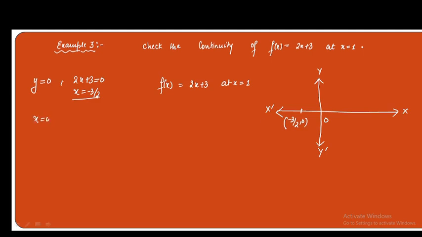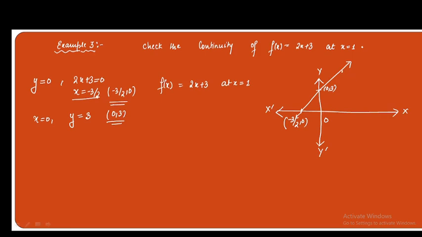You put x equal to 0, then you will get y equal to 3, which means it is intersecting y-axis at (0, 3). You join these 2 points, you will get a straight line because it is a linear function. So one point is (minus 3 by 2, 0), other point is (0, 3), and you can use this to draw the graph.